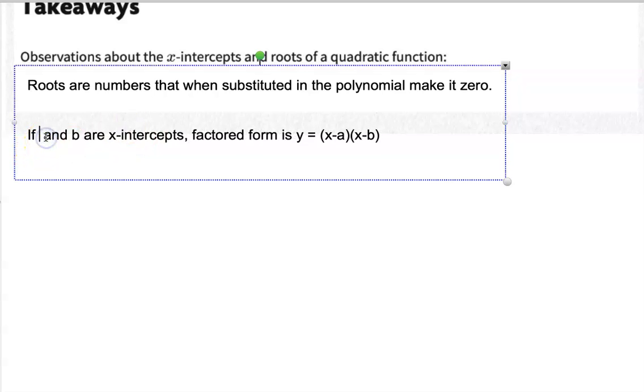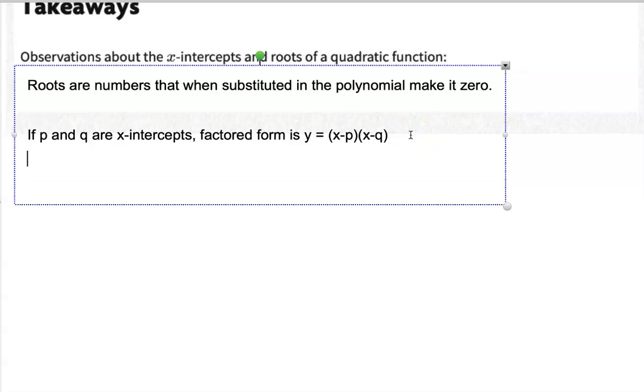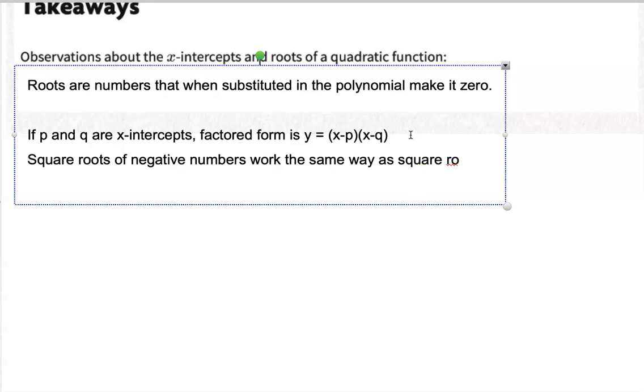And if you want, just for consistency, we called these P and Q earlier. It really doesn't matter what you call them as long as they're both the same. I'll change that to P and Q. We're also going to say square roots of negative numbers work the same way as square roots of positive numbers.